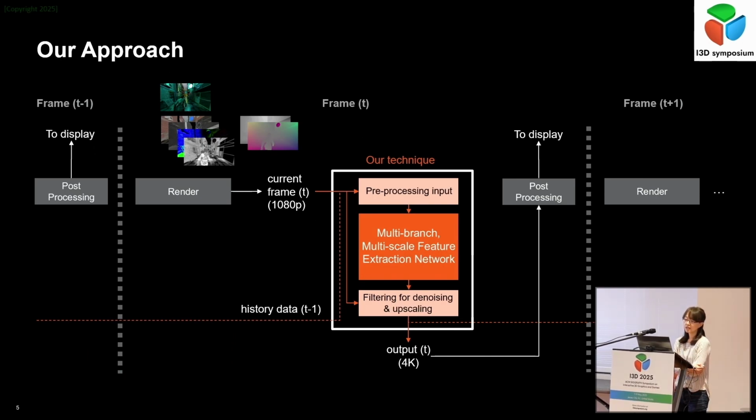Then the denoised and upscaled output is reused as history data for the next frame generation. And in this work, we introduce a multi-branch, multi-scale feature extraction network model as our key contribution.